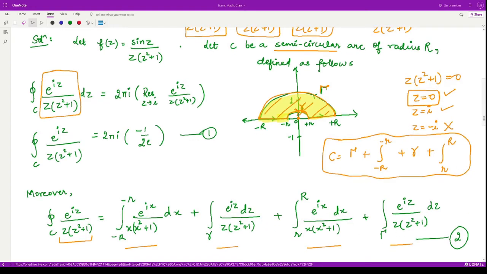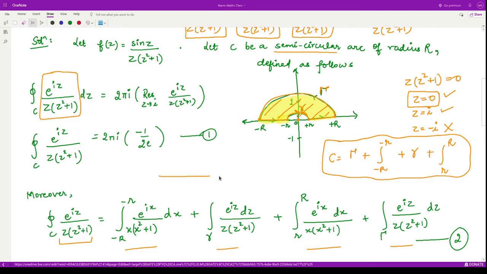Moreover, you can write this integral in another form. Suppose you take this particular semicircle and you have indented it. If you wanted to calculate the integral directly, it would be calculated using the Cauchy residue theorem, which says that the value of the integral is equal to 2 pi iota multiplied by the sum of residues present in that particular region.